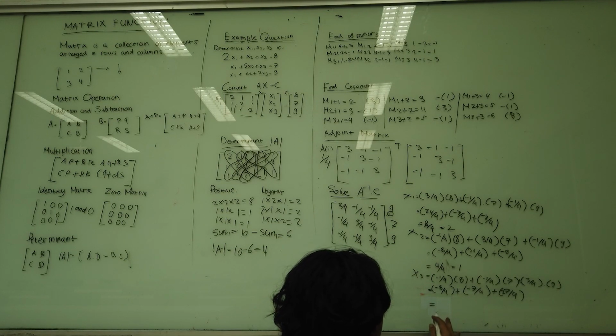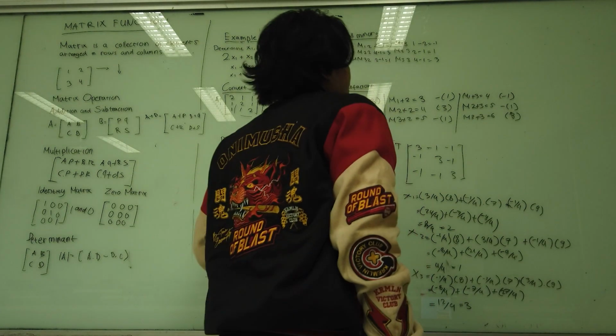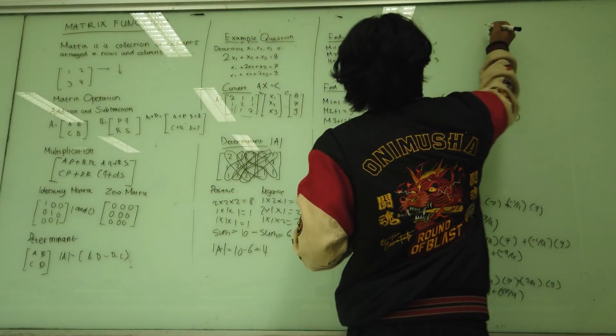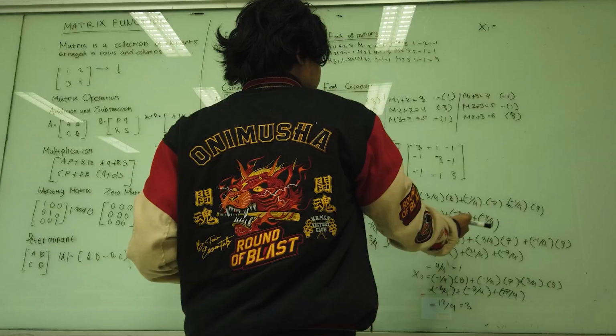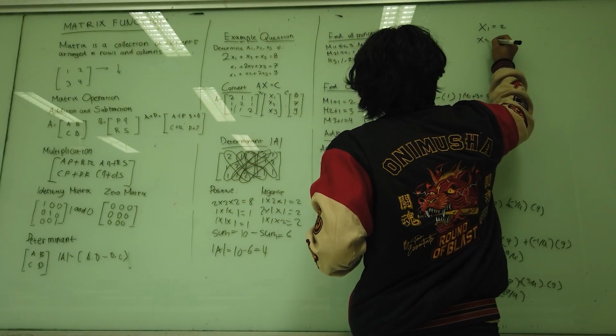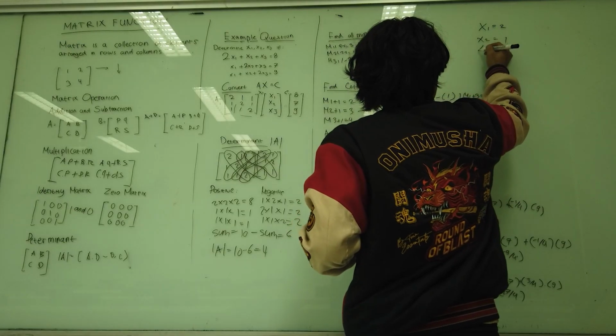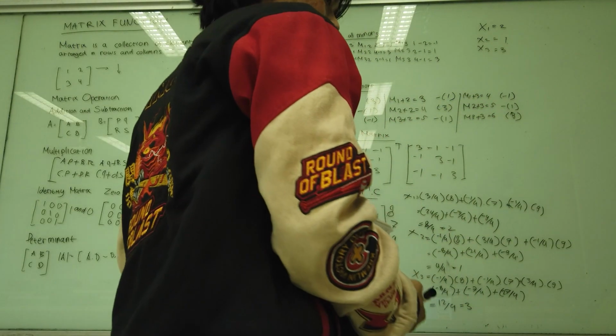And we get the result of 12 per 4, which is 3. And so we have found all the x. Here is the result. x1 is 2. x2 is 1. And x3 is 3. There you guys have it.